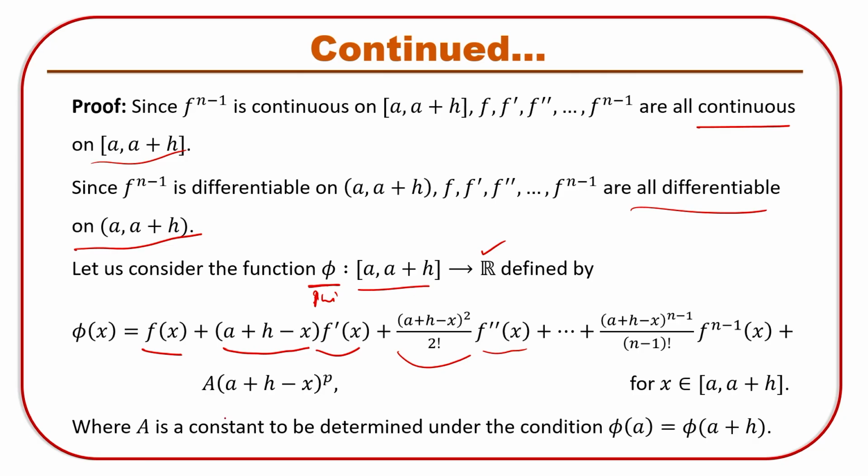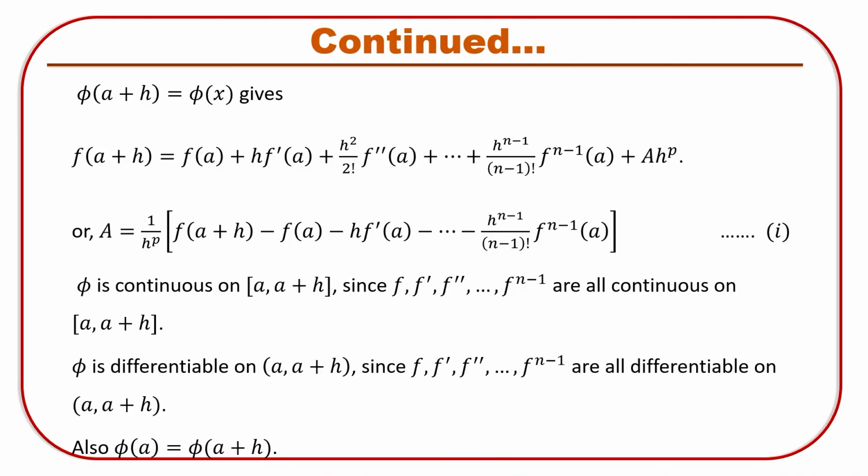And then the last term is capital A times (a plus h minus x) to the power p, where capital A is an unknown constant, and it is determined in such a way that phi(a) becomes equal to phi(a plus h). So, I am going to take the constant so that the endpoint values are the same.